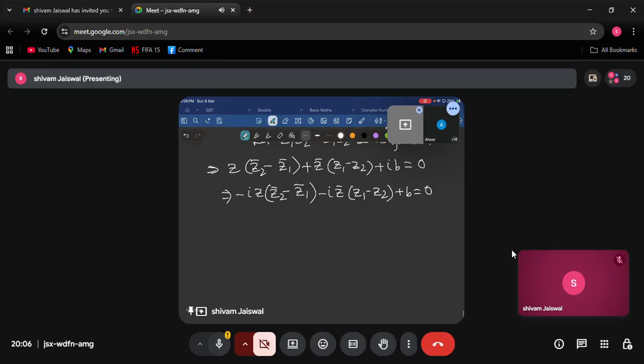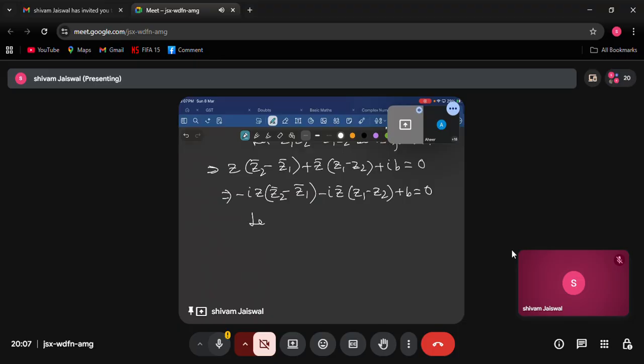Okay everyone, so over here, this is z into (z2 bar - z1 bar) and this is z bar into (z1 - z2). Can you people see that these two complex numbers are conjugates of each other? Both are conjugates of each other.